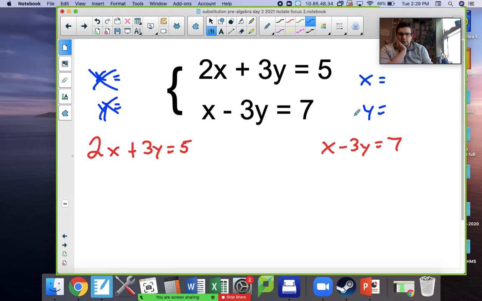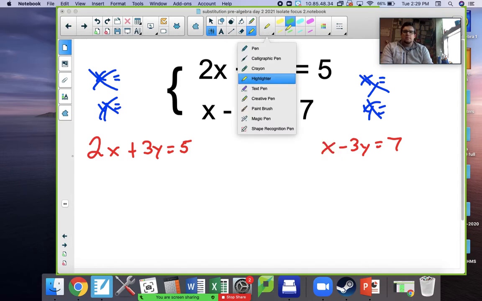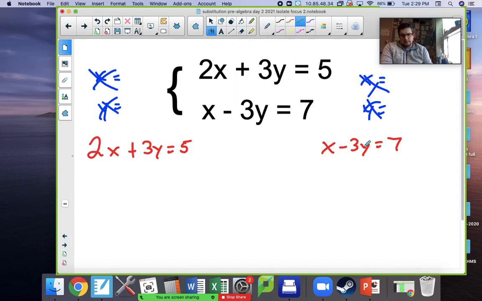Nope, nope, nope, nope. But what I do notice, and the thing that I want you guys to also be on the lookout for in all these problems, is that this x right here is almost an x equals. The only thing that's stopping me from being x equals is this pesky 3y right here.